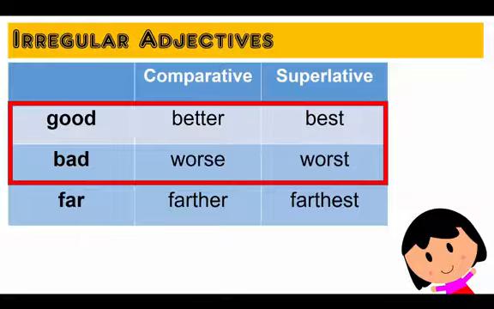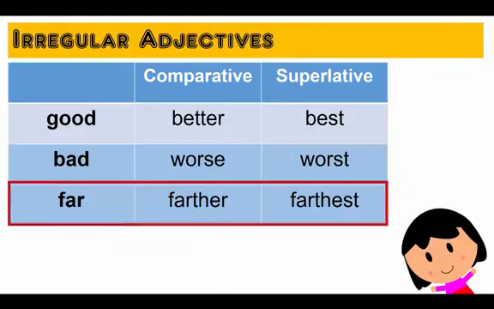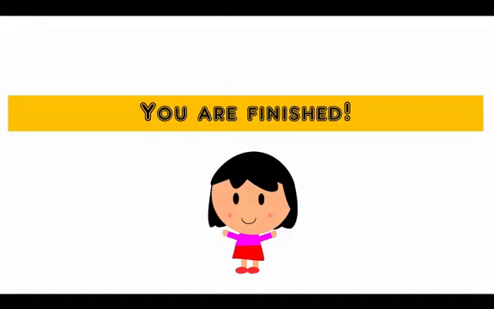This is why you heard me say that B is better than A when I compared two universities, but B is also still the best when I compared 3 universities. One more example is far. The comparative becomes farther, and the superlative becomes farthest. I hope this review was helpful in reminding you of the differences between comparative and superlative adjectives.